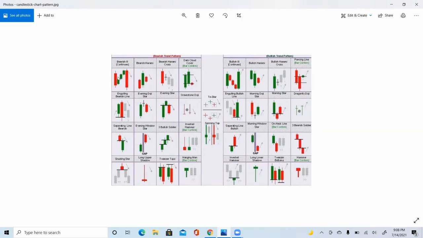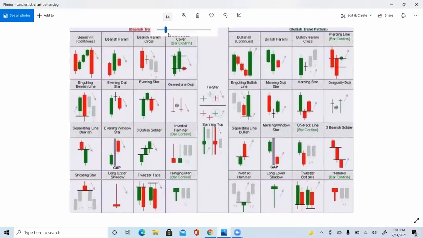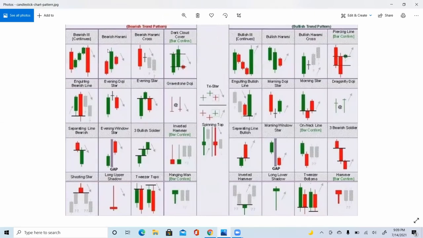If you look at this right here, we're going to start at the bearish side. This is called a bearish continuation. Let me see if I can zoom in a little bit. There we go. Bearish continuation. So if the markets are moving, in this case downwards, you have a pullback, and then you have an engulfing candle that supersedes at least a few candles in the pullback.